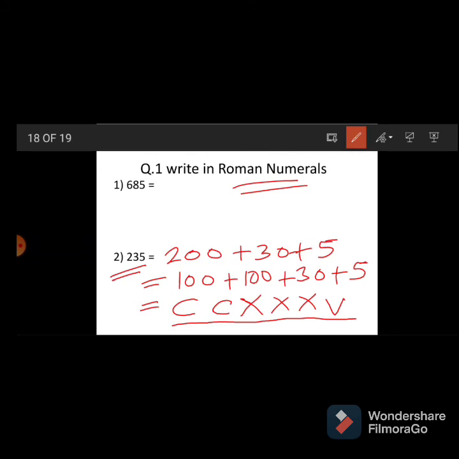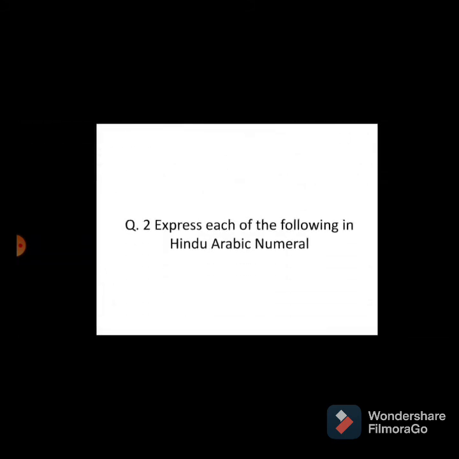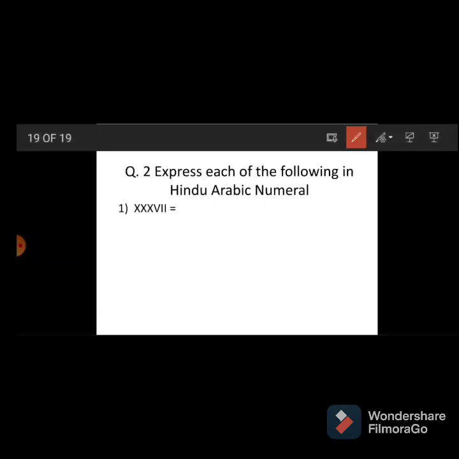Now there is an exactly opposite question. Question number 2: express each of the following in Hindu-Arabic numerals. Here the Roman numeral is given, and we have to write it in Hindu-Arabic numerals. We know X means 10, again X means 10, again X means 10, V means 5, I means 1, again I means 1.